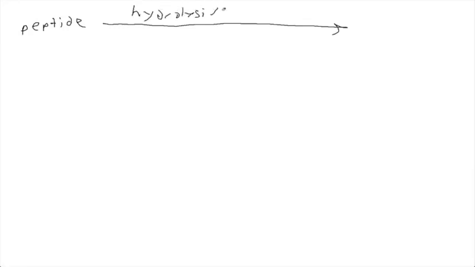Which particular bonds would hydrolysis attack in a peptide? Peptide bond? That's right. So hydrolysis would give you shorter peptides or free amino acids.